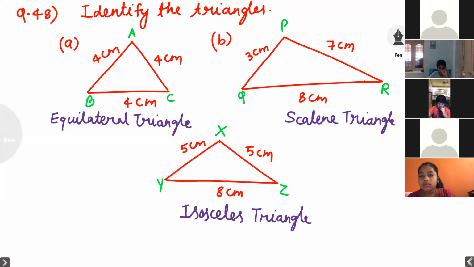Now I am giving questions on types of triangles on the basis of angles. How to identify the name of the triangle? ABC, three completed, right?